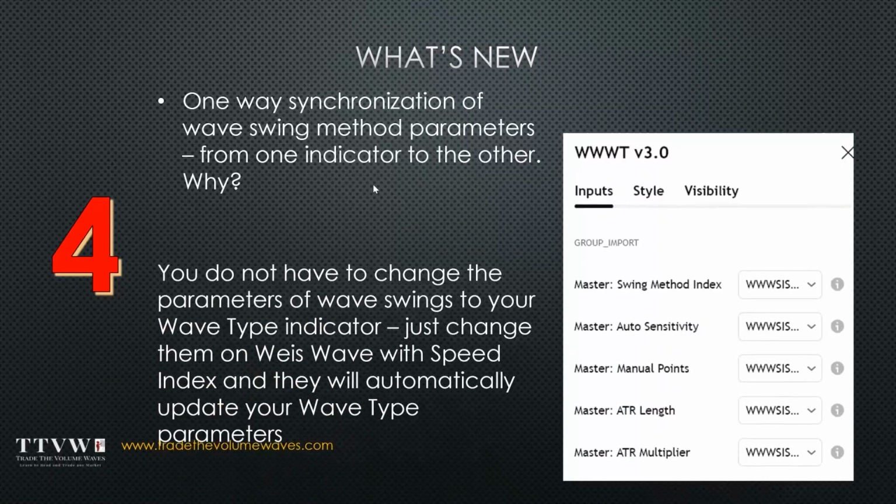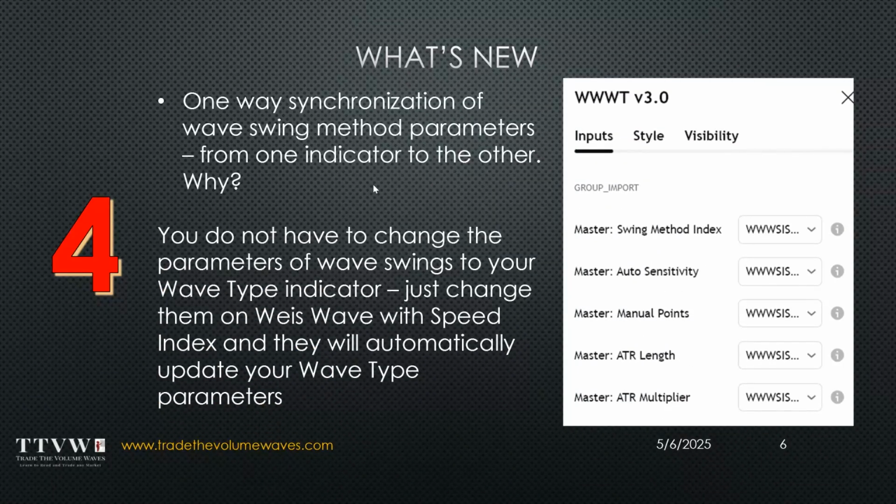Now you only have to set up the parameters of the swing method on the Weis wave with speed index, and then these parameters will be passed to the wave types. Every time you change a parameter in Weis wave with speed index, it will automatically be changed on the wave types. I will show you live how to do that. It's very, very simple.